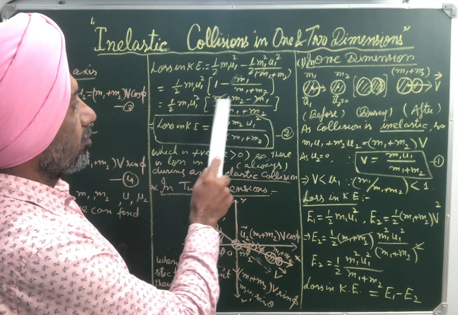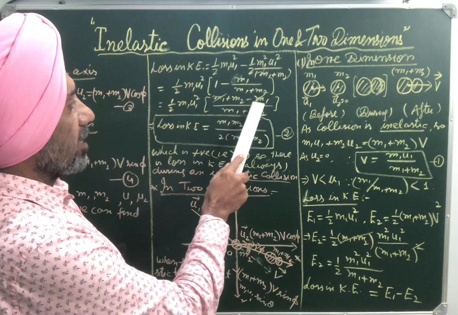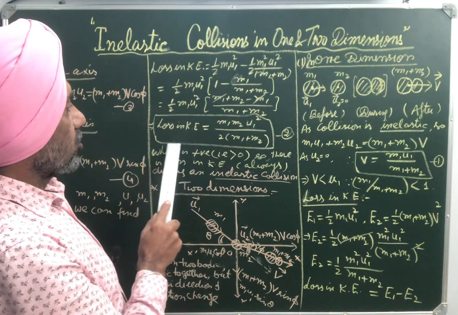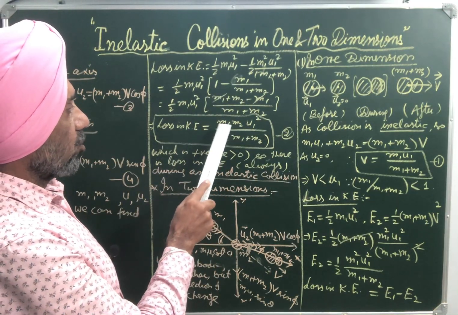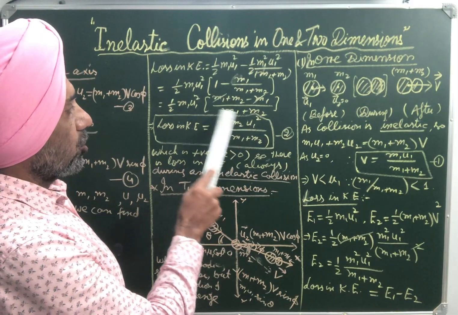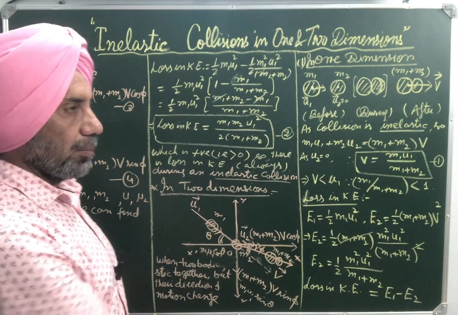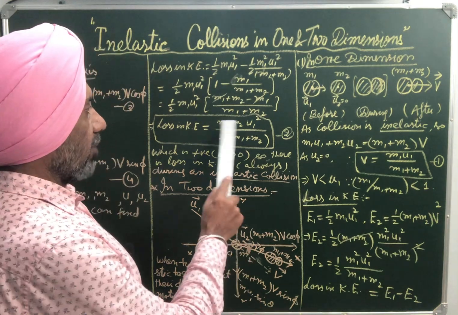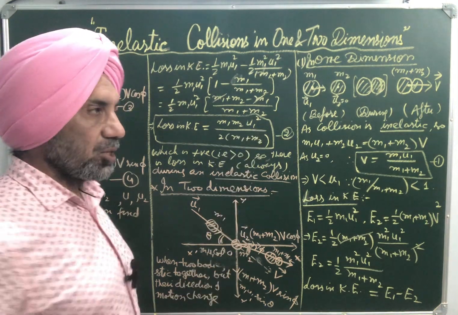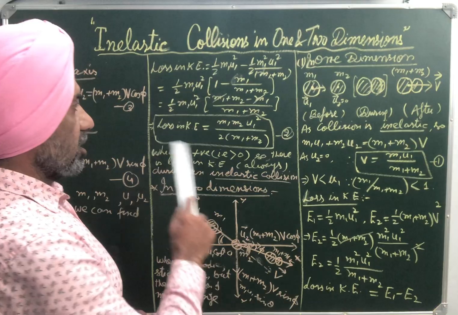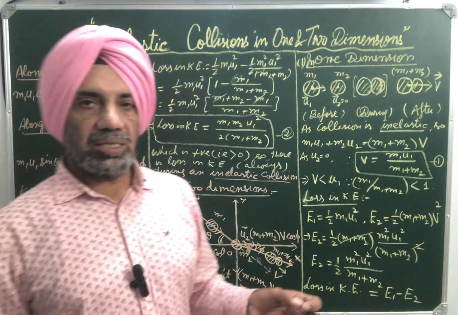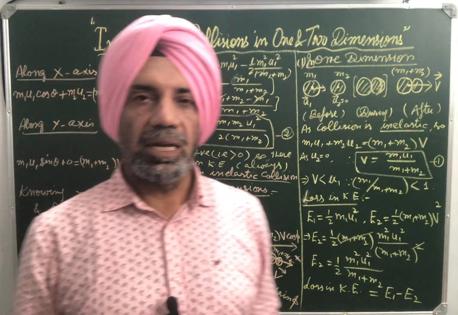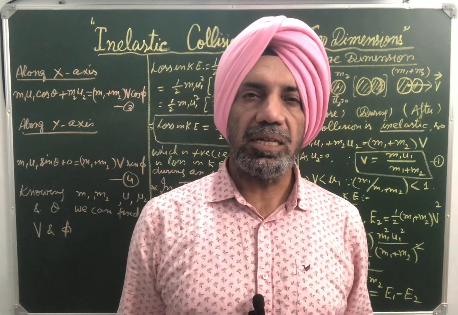Taking LCM m1 plus m2, it will be m1 plus m2 minus m1, m1 cancels. So we have loss in kinetic energy is equal to m1 m2 u1 square upon 2 into m1 plus m2. As m1 m2 are positive, u1 square is positive, it means loss in kinetic energy is positive. So there is always a loss of kinetic energy after an inelastic collision.